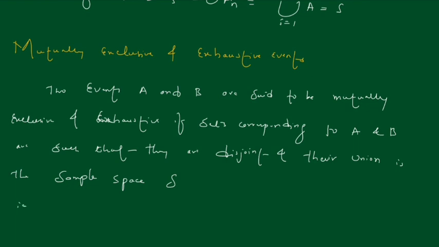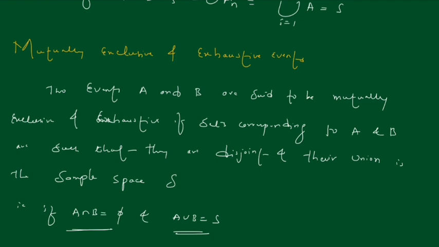That is, if A intersection B equals phi and A union B equals S. Already we know A intersection B equals phi means mutually exclusive, and A union B equals S means exhaustive event.